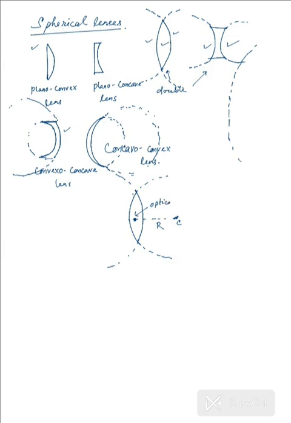It is the optical center, and we can imagine an axis passing through it, and that is termed as the optic axis. So optical center, optic axis, and then we have the radius of curvature as well.